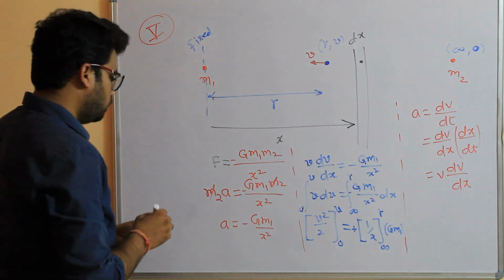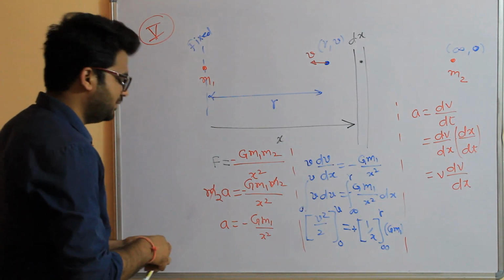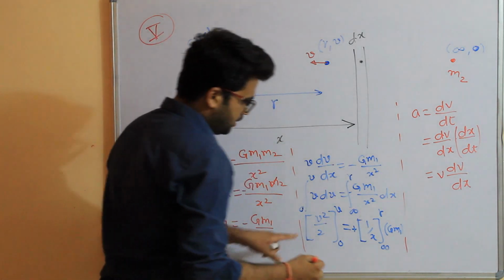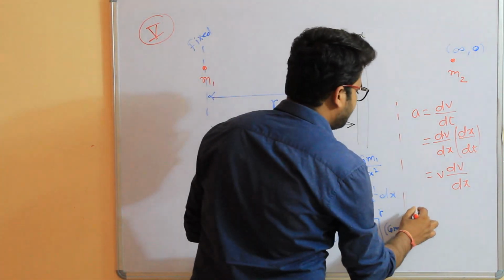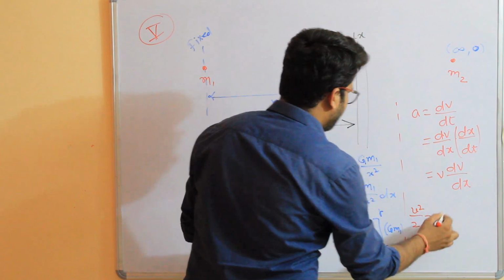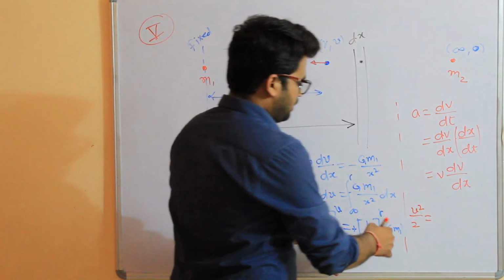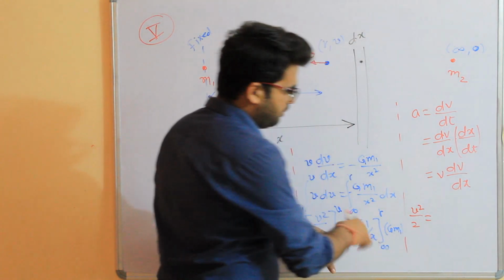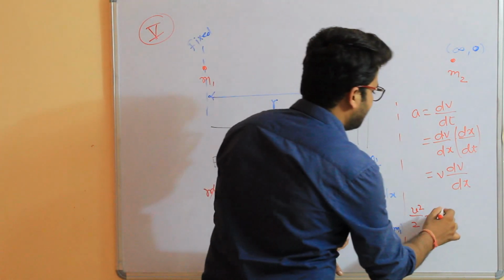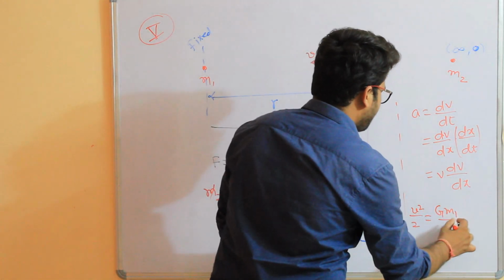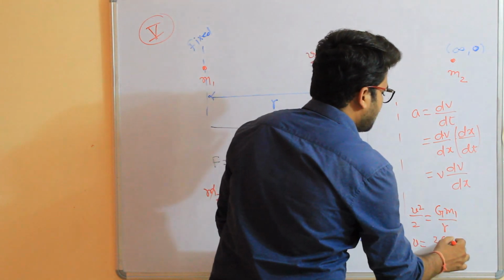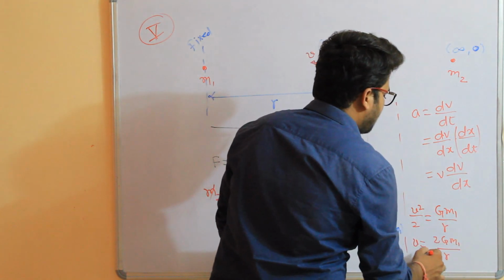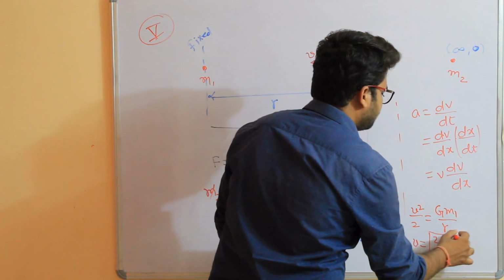So the final expression: v square by 2, putting the upper limit 1 by r and lower limit infinity, is directly G M1 by r, so v will be root of 2 G M1 by r.